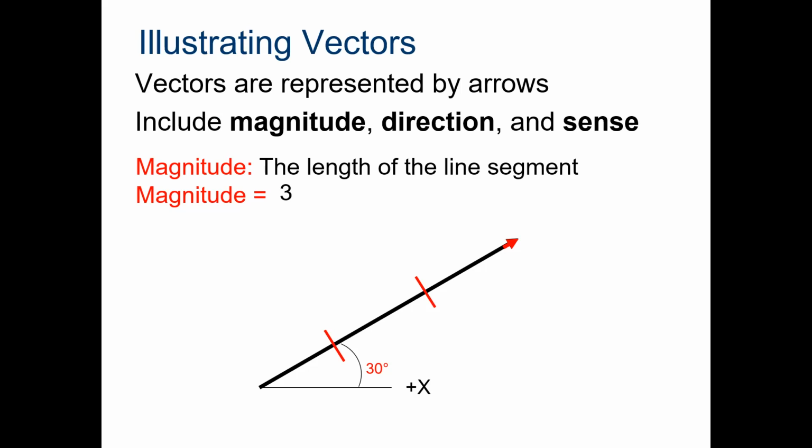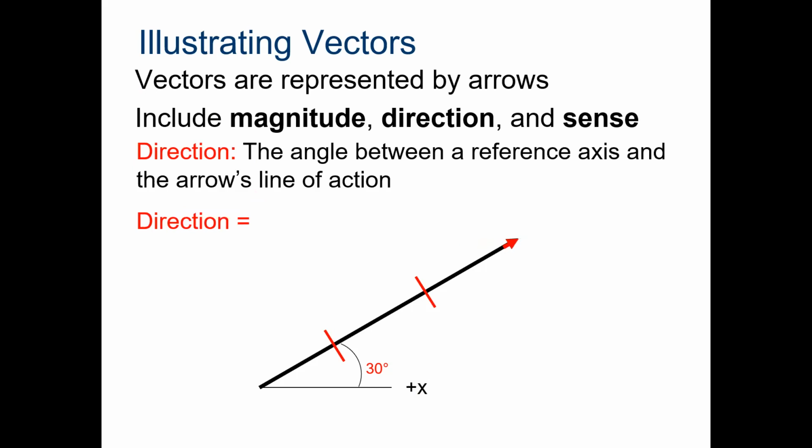Next, you have direction. The direction has three components. It has the axis of reference, the degrees, as well as which way, whether it's clockwise or counterclockwise from the x axis or the y axis, etc. With direction, you must have a reference axis, such as the positive x-axis or the negative x-axis.